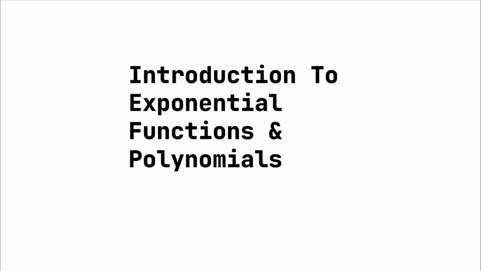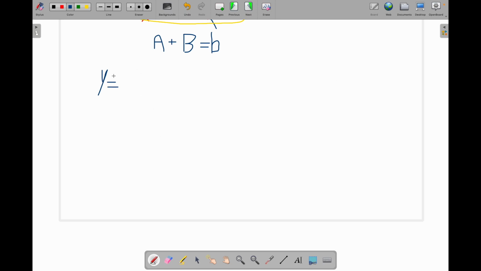Now let's move into another part of exponential equations. So let's say you have a function where you have y equals b, let's call it b just for this case, times a to some x value.